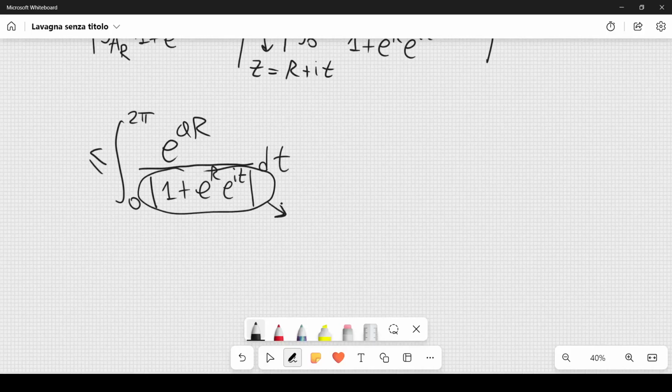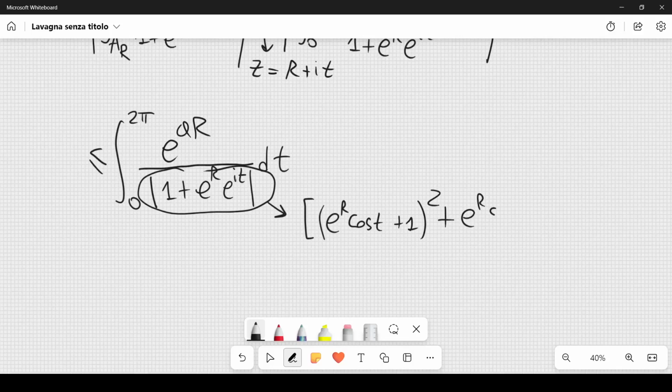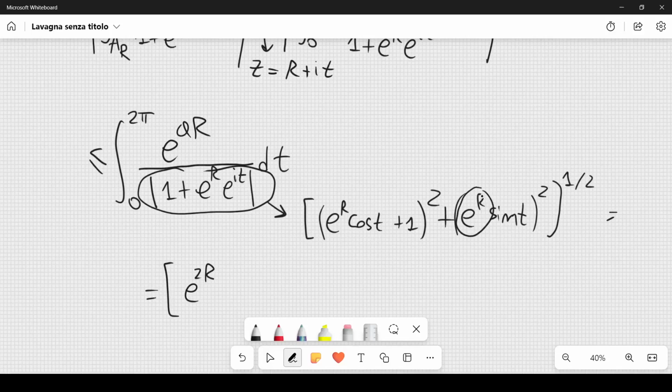And then, of course, you can also rewrite, if you want, this magnitude here. So this magnitude can be written as e to the r cosine t plus 1 squared plus e to the r sine t squared, and then you take the square root of this. And if you want, you can also rewrite this magnitude as e to the 2r, because you have cosine squared plus sine squared, which multiply e to the 2r when you raise it to the second power.